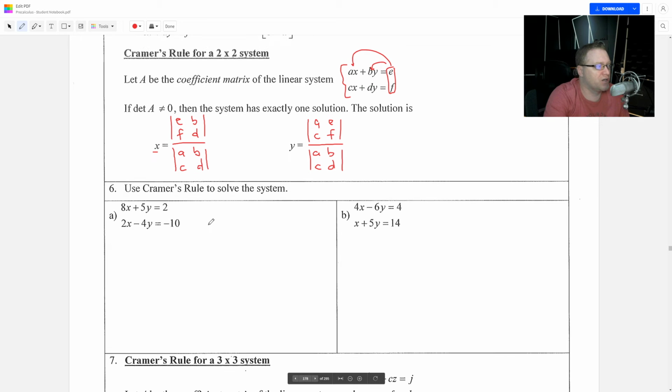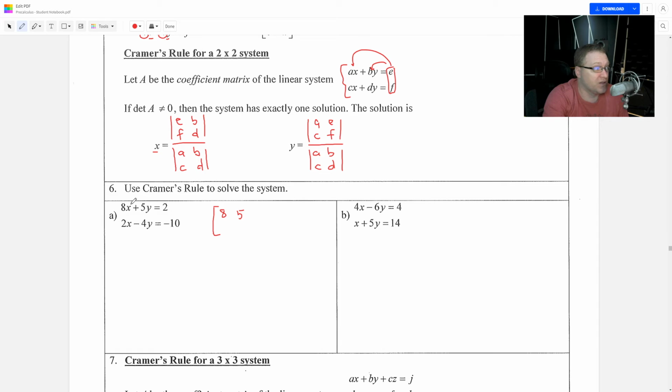So here we go. We're going to use Cramer's rule to solve a couple of equations. Let's start here. The first thing we're going to do is make our coefficient matrix. So here are our coefficients. Our coefficients are 8, 5. Make sure you have your x's and y's in order.